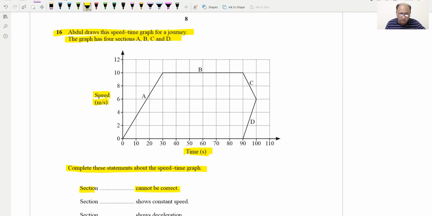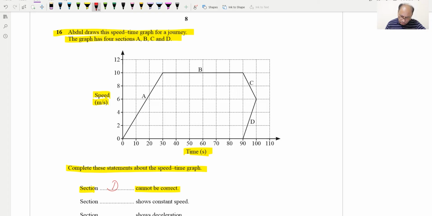So section D is incorrect. We can write here D. The graph cannot come to this side, so it should be like this one or this one, but it cannot be a reversal like this. So this is the objection.